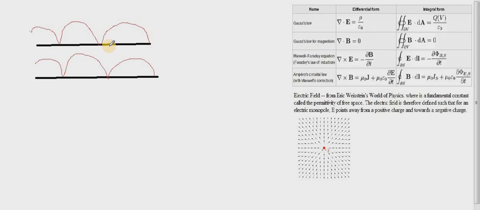The associated voltage distribution will be maximum here, minimum here, maximum here, minimum here, and it will go on like that. So this is the voltage distribution and this is the current distribution. As the current distribution looks like that and the voltage distribution like that, the current will be minimum at this point, and if the direction is like this way, the other current direction will be like this way.